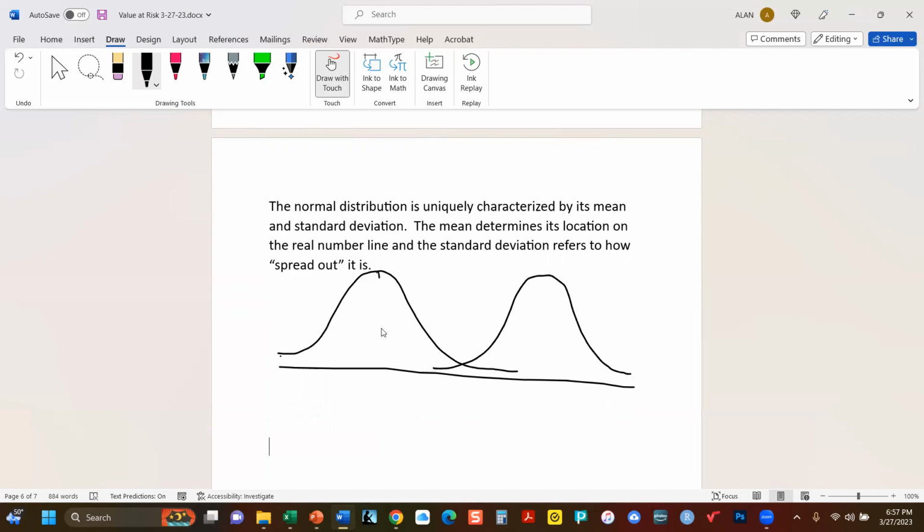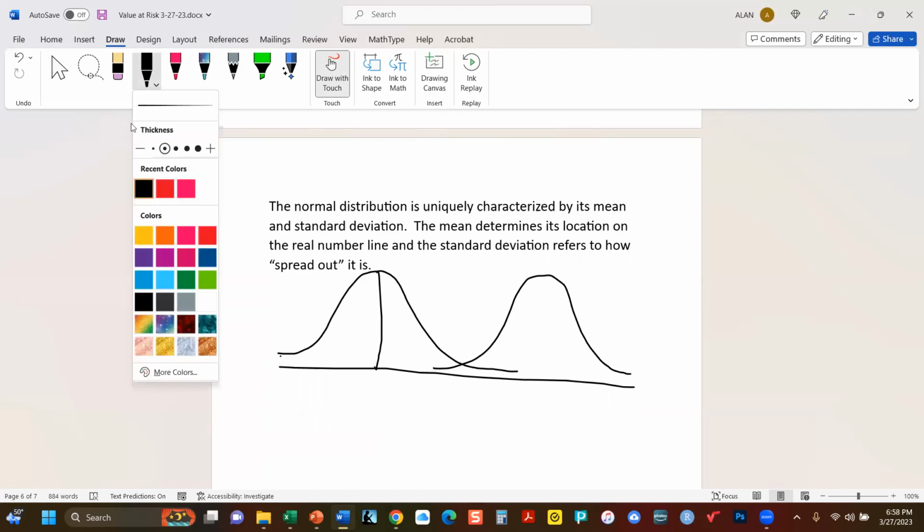So this one, for example, let's say it has a mean. Oh, you know what I forgot to do? I forgot to introduce some terminology or notation here.